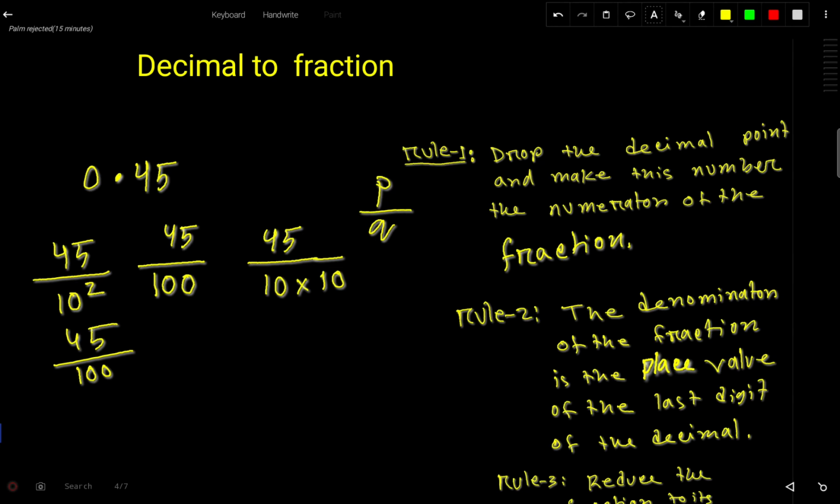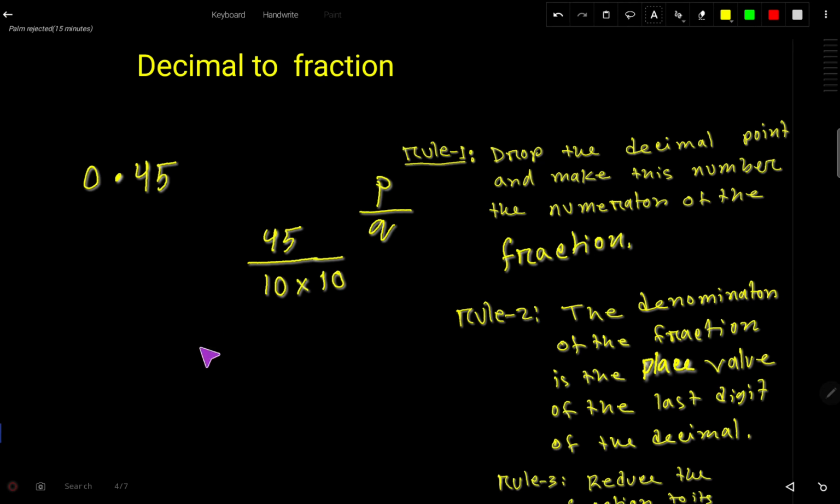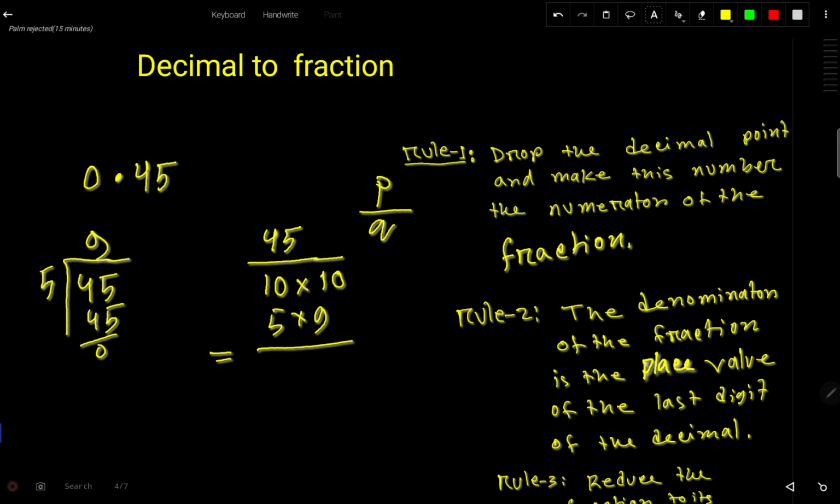Okay, now we'll learn to reduce, right? Look, the unit place number is 5, so this number is divisible by 5. So let us divide this number by 5. 5 goes into 45 9 times. 5 times 9 gives us 45.